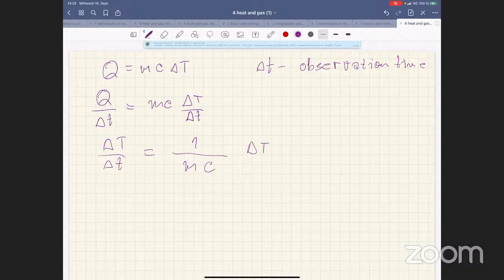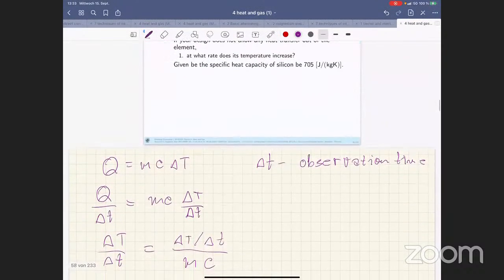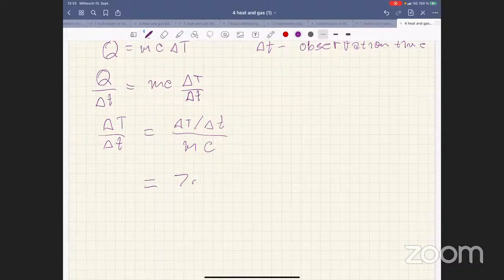So we would have delta T divided by delta t. The upper one is going to be 7.4 times 10 raised to negative 3 joule per second.